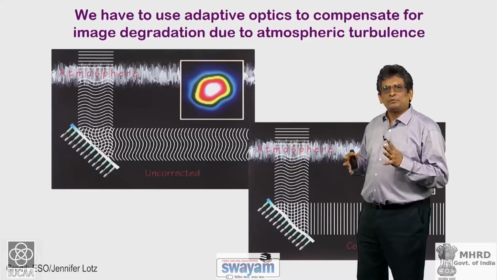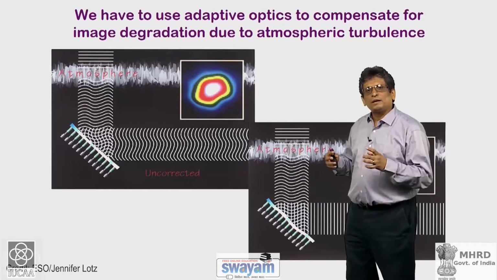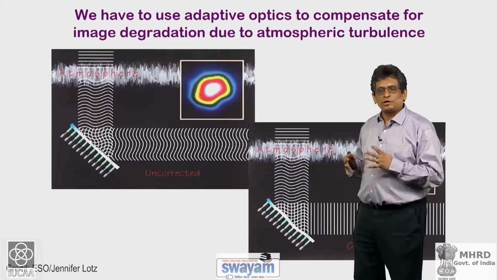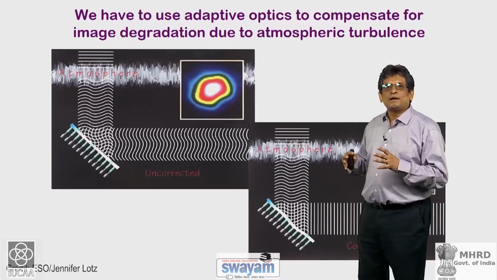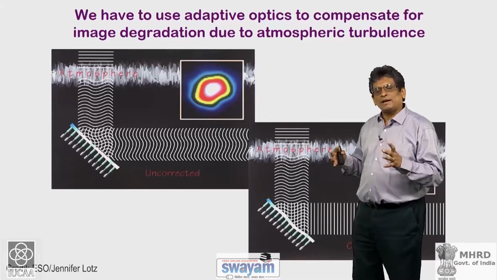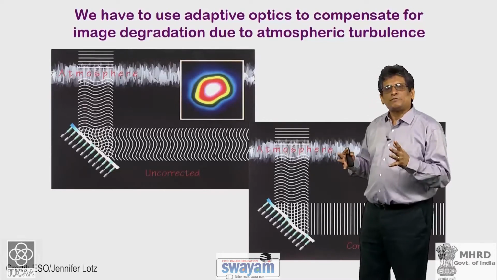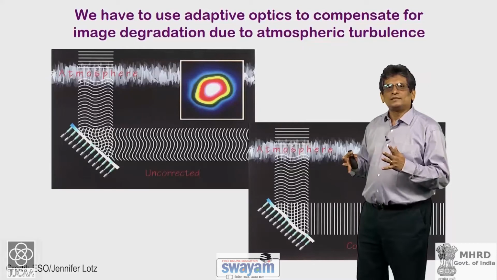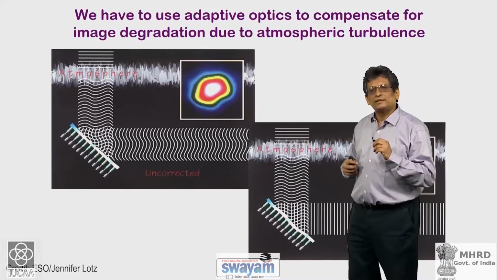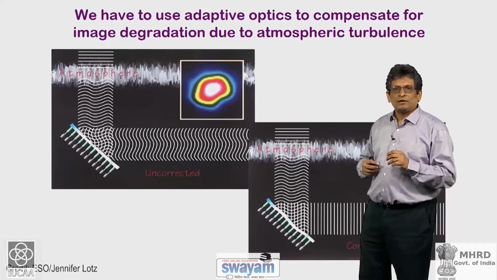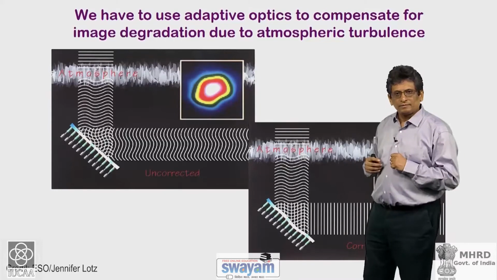In doing so, it can increase the resolution because it compensates for what is known as atmospheric seeing, and it can turn an image that might have a point spread function of a few arc seconds into an image where the point objects have sizes of a tenth of an arc second or better.